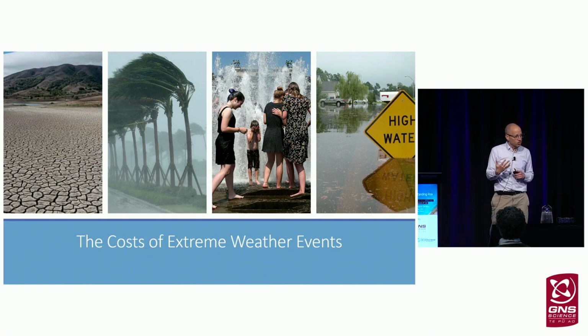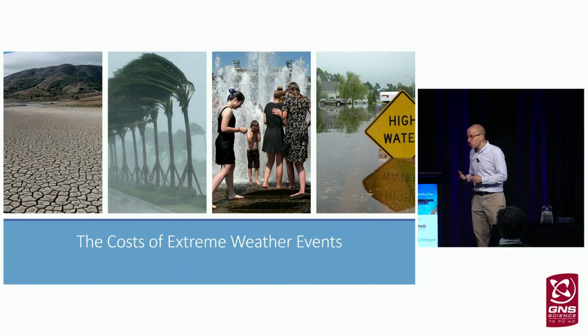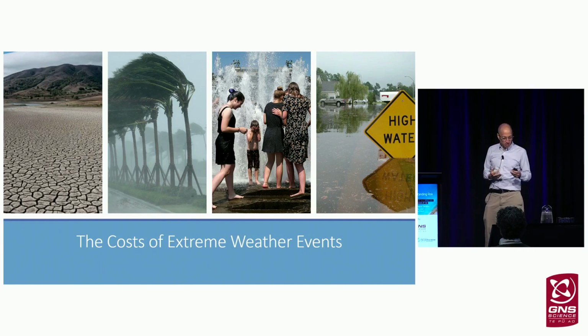That's where the cost of climate change lies, at least in the present, right? Maybe in the future, heaven forbid, we might have a 6 meter sea level rise, and then there will be a lot of costs associated with that. But at this point in time, the cost of climate change is not the change in the average temperature. It's not the sea level rise. It's in those extreme weather events.